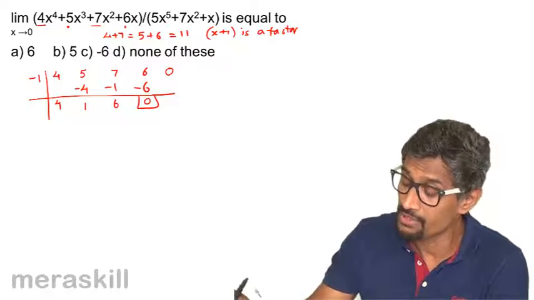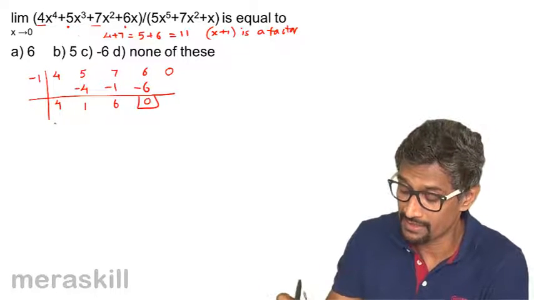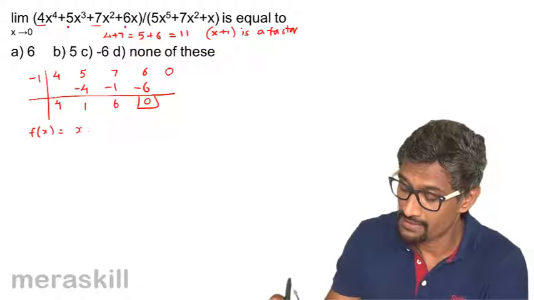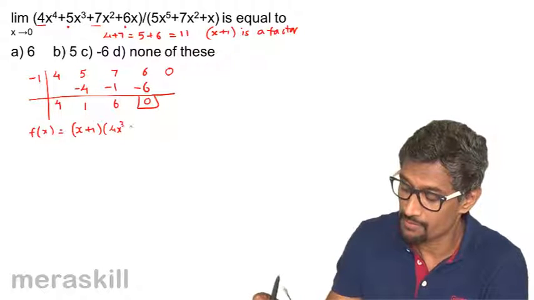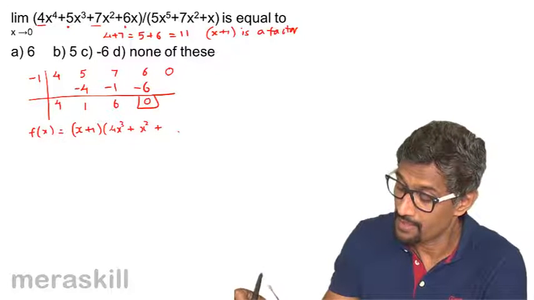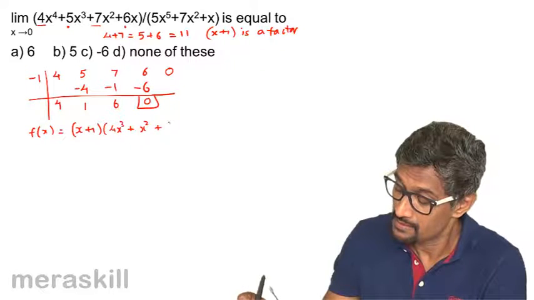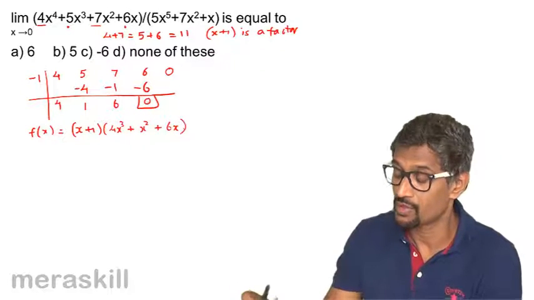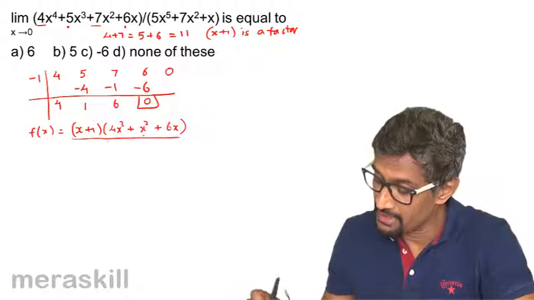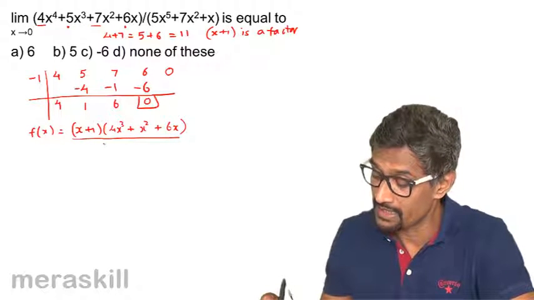In the denominator you can take out x common. So ultimately the numerator becomes x plus 1 into 4x cube plus x square plus 6x, because even this term is 0. And the denominator you can write as 5x raised to 4 plus 7x square plus x.